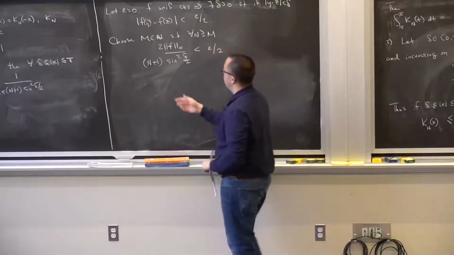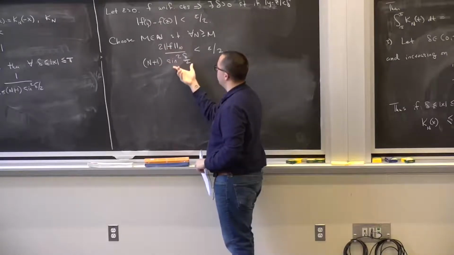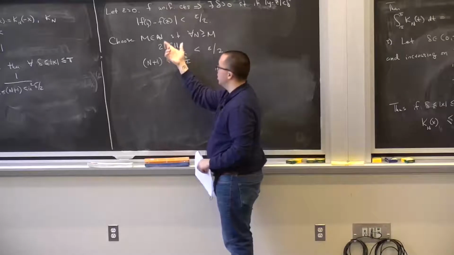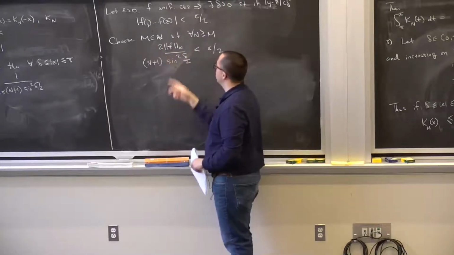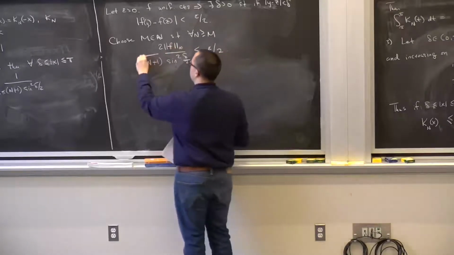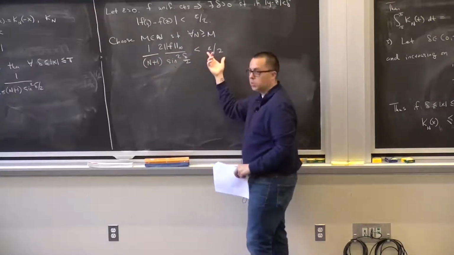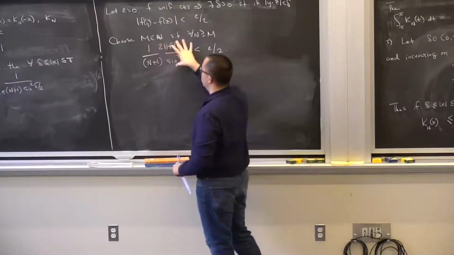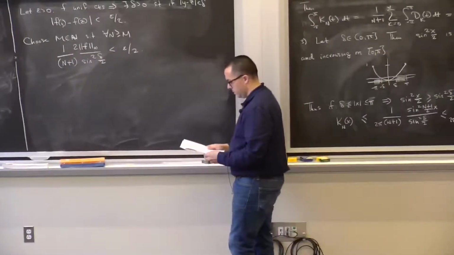So n plus 1, that's the thing that's changing. I've fixed delta. I have the L infinity norm of f. So I have this number here, and I'm just saying choose a capital M so that for all n bigger than or equal to m, this number times 1 over n plus 1 is less than epsilon over 2. And I can do that because this, as capital N goes to infinity, converges to 0. Right?